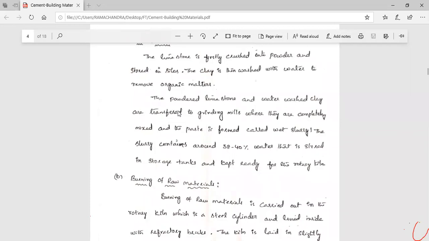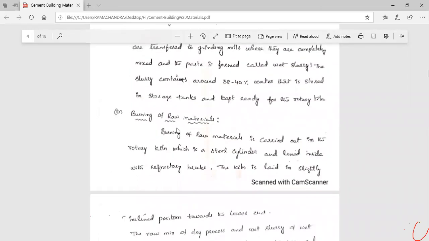After that we mix the powder and water-washed clay and transport to the grinding mills, where they are completely mixed and we make a paste. That paste is called wet slurry. The wet slurry contains 38 to 40% of water. It is stored in tanks and kept ready for the rotary kiln. This is the process of making the slurry in the wet process.